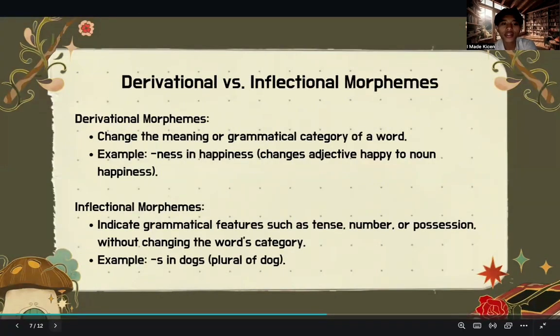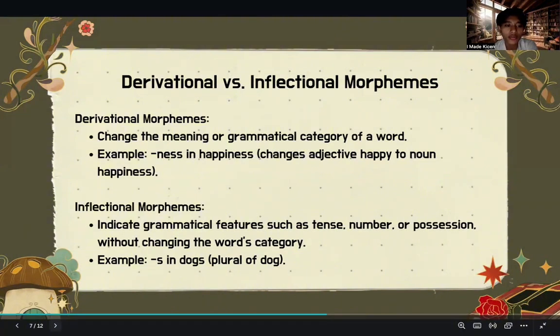Next is derivational versus inflectional morphemes. The derivational morpheme changes the meaning or grammatical category of a word. For example, -ness in happiness changes the adjective happy to the noun happiness.